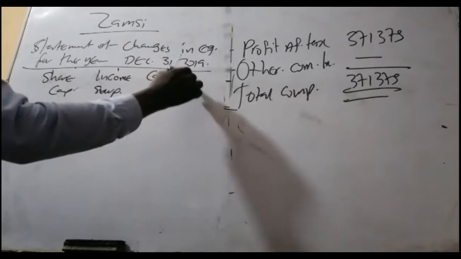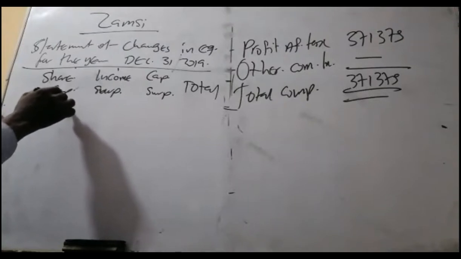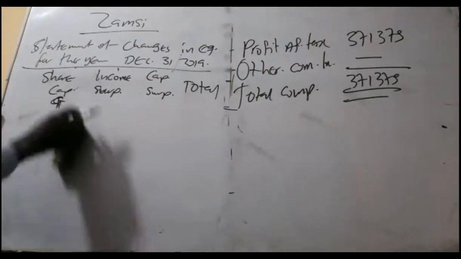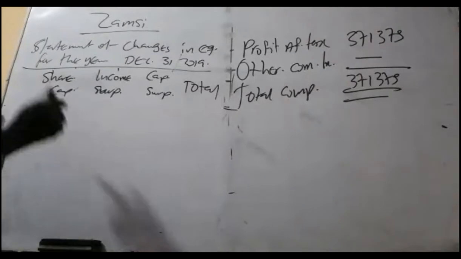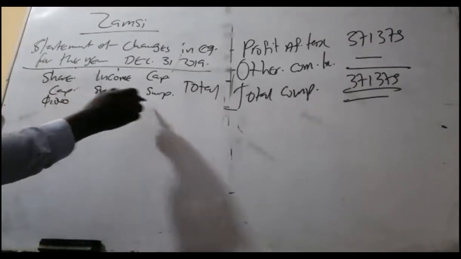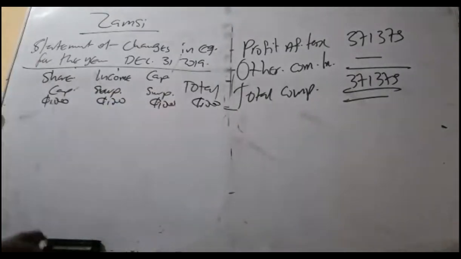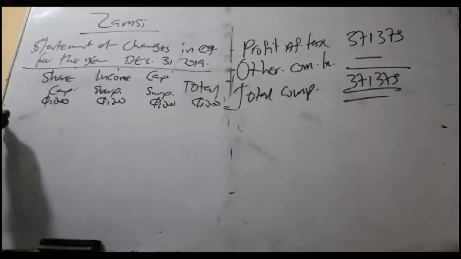Then their total. Your currency, don't forget about the currency. So GH, the currency will come. Then we start with the open balance.